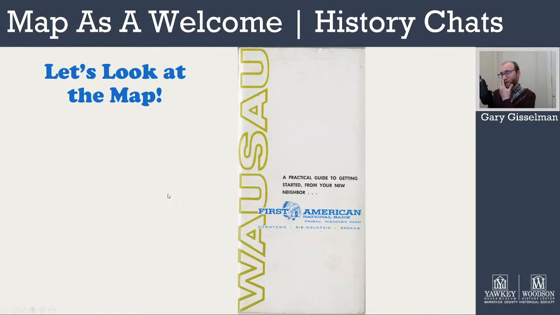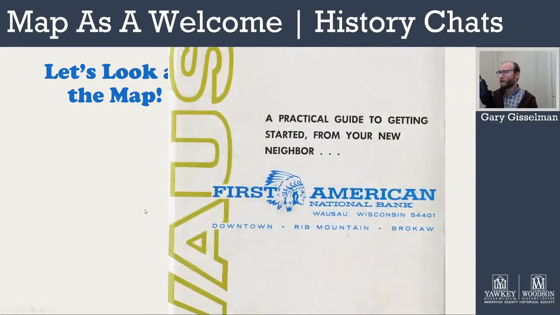As you can see, it is a map that was created as a practical guide to getting started from your new neighbor, First American National Bank. Some of you may have different levels of understanding and memory of First American Bank, and some may not be familiar at all.